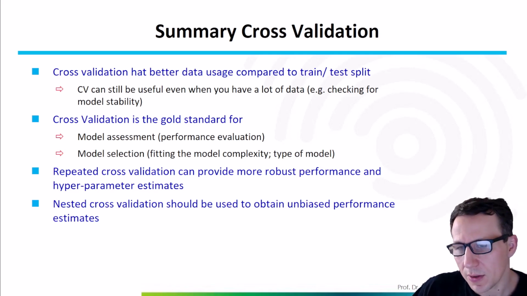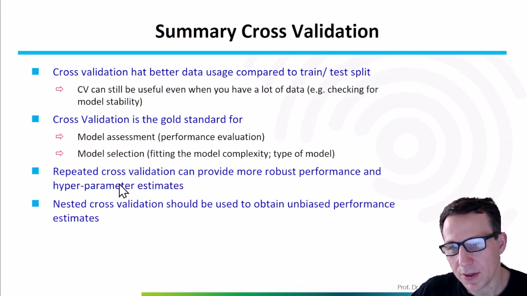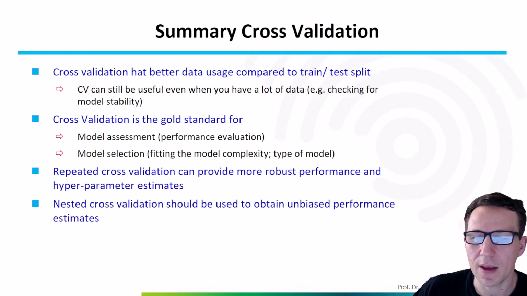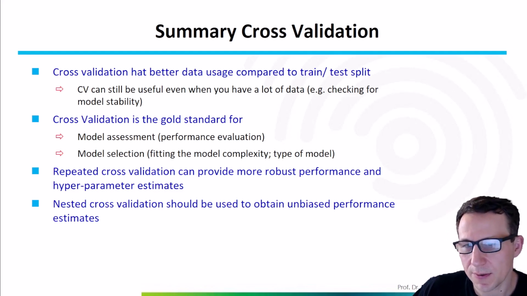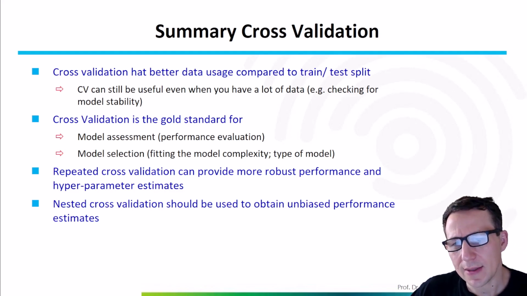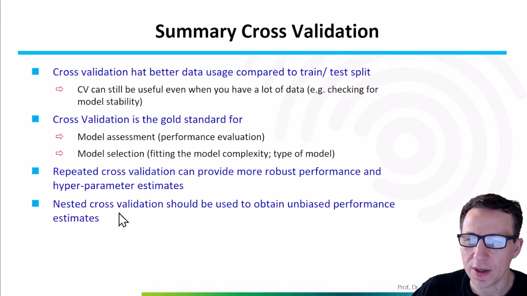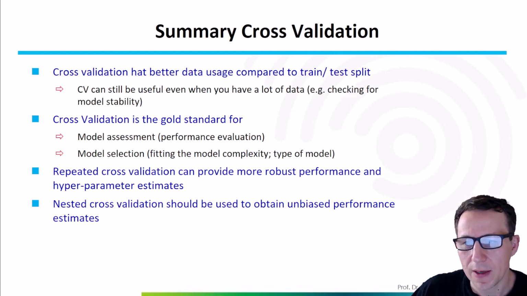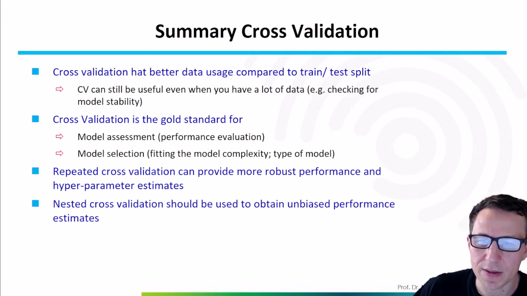Then two important concepts are repeated cross-validation, so doing it several times in order to get more robust performance estimates and hyperparameter estimations. And lastly, you should also do nested cross-validation in order to separate model selection and model assessment, such that your performance estimates are unbiased.